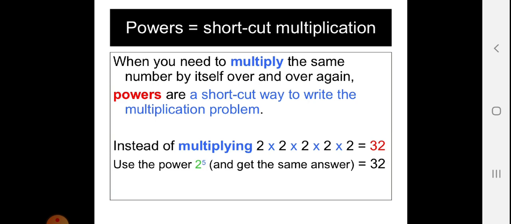So, instead of multiplying 2 into 2 into 2 into 2 into 2, which is 32, you can simply write 2 raised to power 5 and get the same answer, 32. In this chapter we are going to study a lot about a number which is multiplied again and again by itself or by another number.